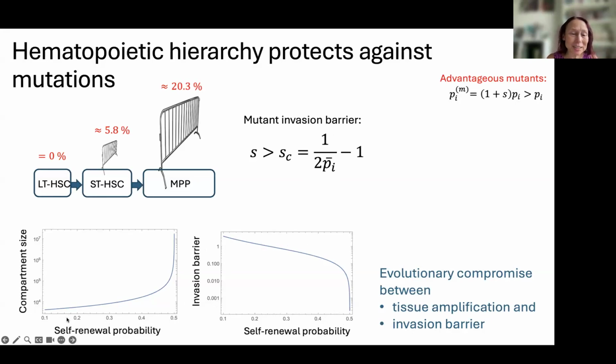So on the one hand, I want to have a larger compartment size, so I'm pushed here. On the other hand, too close here means I'm vulnerable against mutants. So nature solved this compromise by setting this P, the self-renewal probability, at a certain value. And these were the values that we estimated from the experiments. Okay.